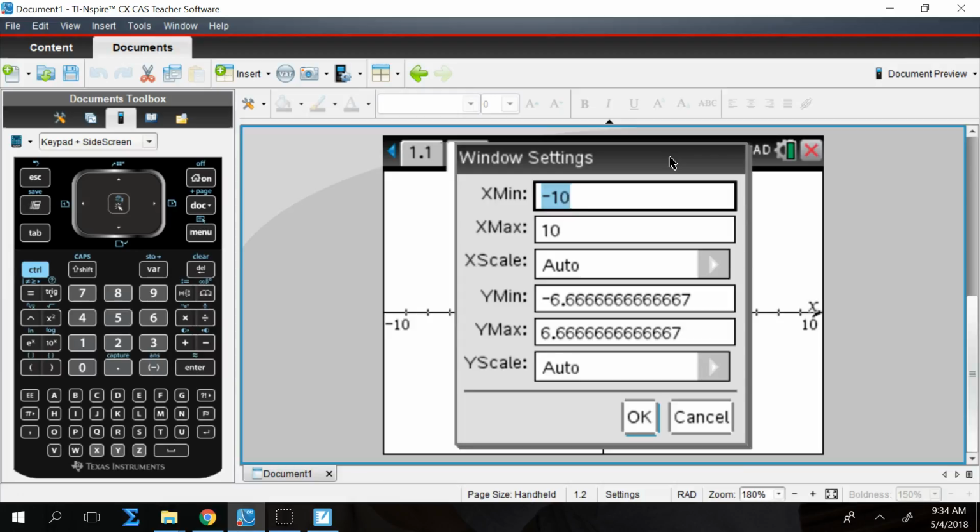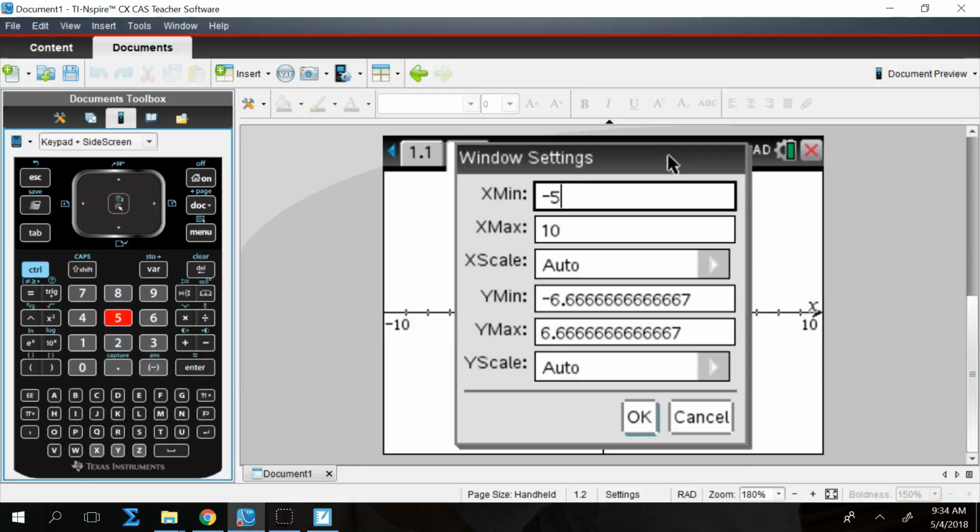No. I still like to see my axes, so let's go 5 years back. Do I need to go 10 years into the future? I need to go even more than 15, right? Because at 15, I'm still not at 1 million. So 20. So let's go 25 just to be safe. We'll go by 5s.